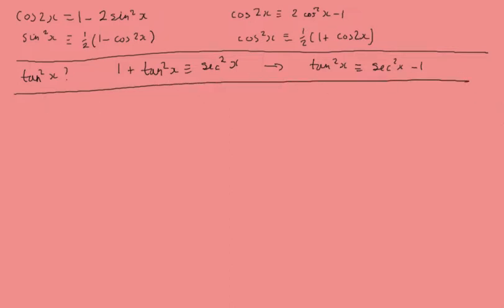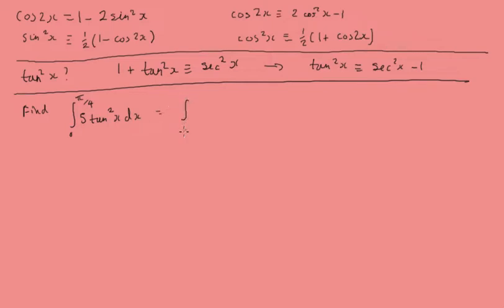So using that, we will now do another couple of integrals. So let's find the exact value for this. Between 0 and pi over 4, we've got 5 tan squared x dx. So we're going to use this.